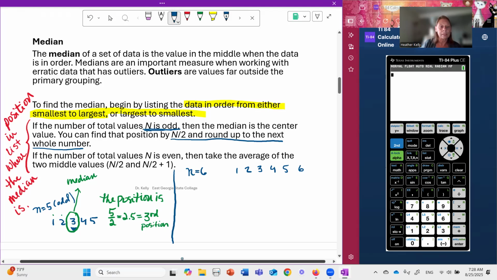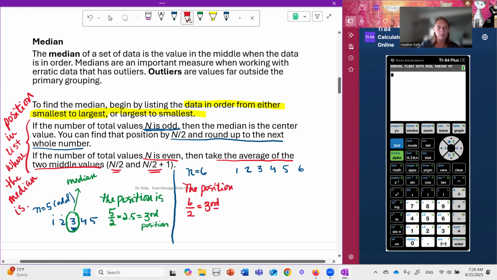So what it says here is, if n is even, we take the average of the two middle values, n over 2 and n over 2 plus 1. And so still we find the positions. 6 over 2, that's third.